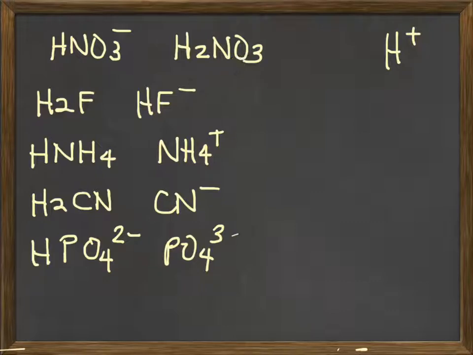What was tricky about this question and why I threw it out is because although looking at it that way, you would say, yes, that's a conjugate acid-base pair. The trick is that there is no such thing as H2NO3, because nitrate has a -1 charge, and nitric acid is HNO3. HNO3 does not have a -1 charge, and so they were tricking you, and I don't like to trick Chem 10 people.